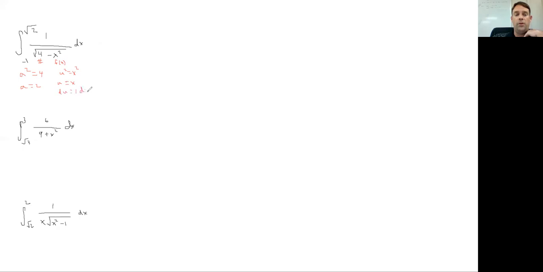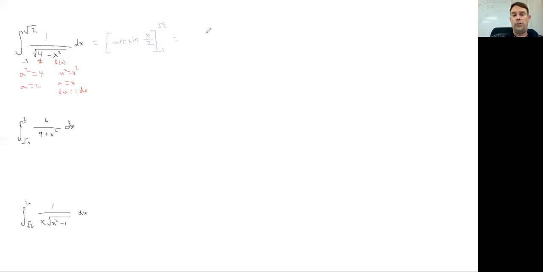So we have all the pieces, so no u-sub needed. So we're going to go ahead and integrate it. So it's arcsine, and u is x, so x over a, so x over 2. Our bounds are negative 1 and root 2.